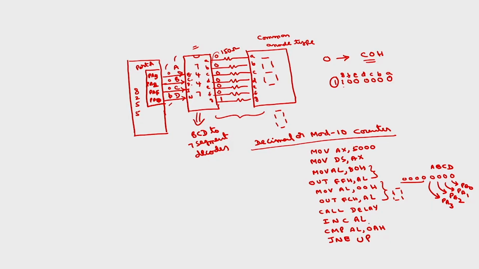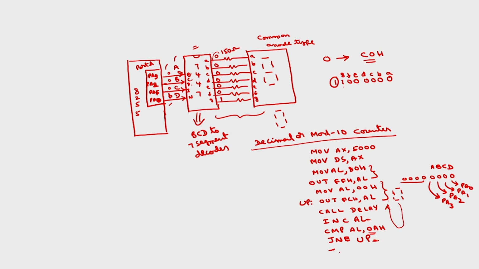This up is because you have incremented and output, this is the loop. So this will display 1 now, then in the next loop it will display 2, next 3, next 4, next 5, up to 9. After 9, AL becomes 0AH, and we are comparing this 0AH with 0AH. So this will be equal, and it will come out of the loop.